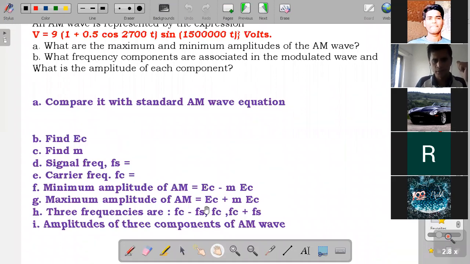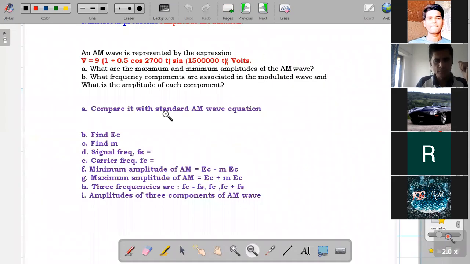See again, the question is V equal to 9 into 1 plus 0.5 cos of 2700 t into sine of 15 lakh t measured in volts, and find out these parameters. First, compare it with the standard AM wave equation.